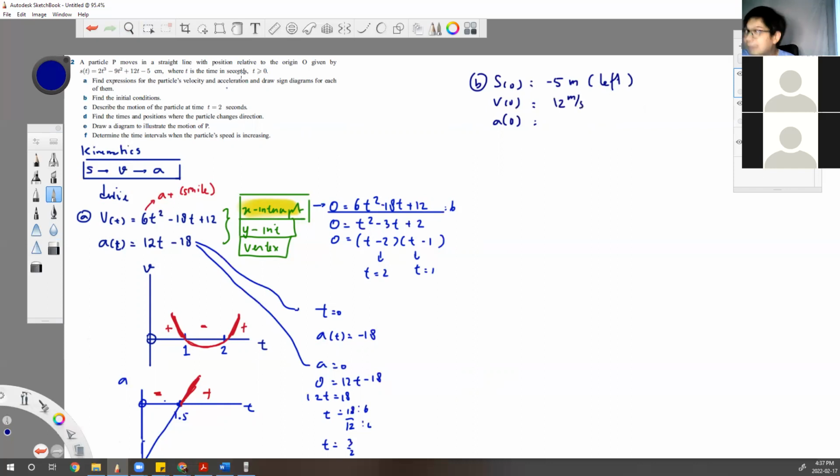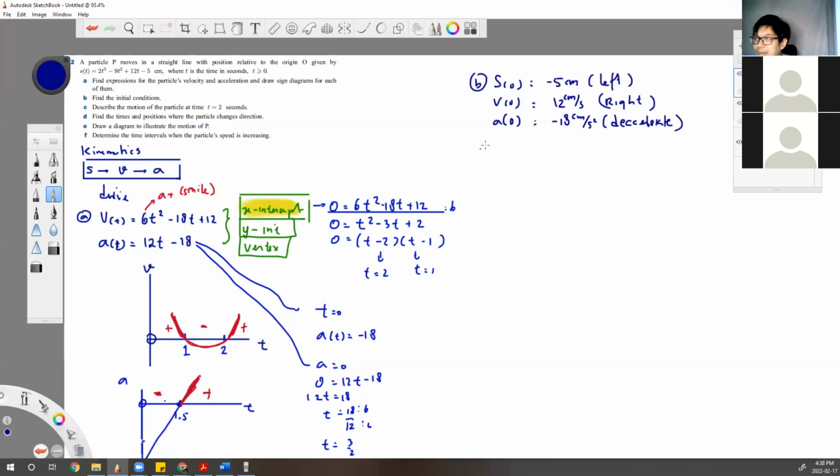No, centimeters per second. Be careful about that. It is speeding up, right? Okay, just write it down. And when t equals 0, A is negative 18 centimeters per second squared. This is the usual units that you need. This is retarding, or decelerating. Okay, that's for question B.